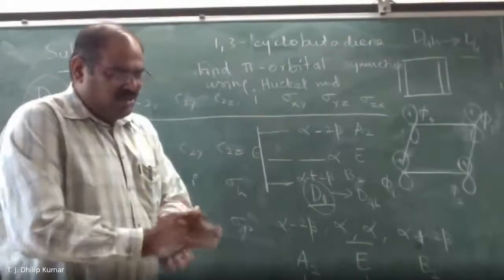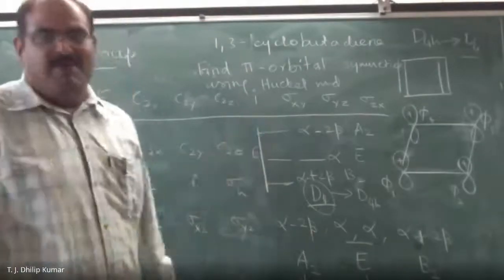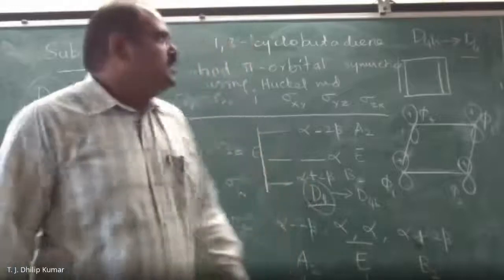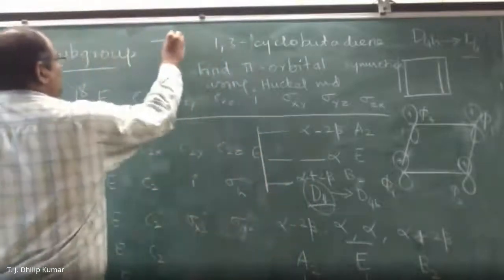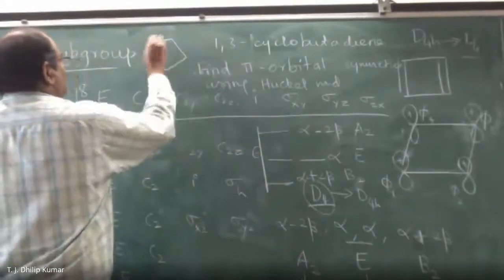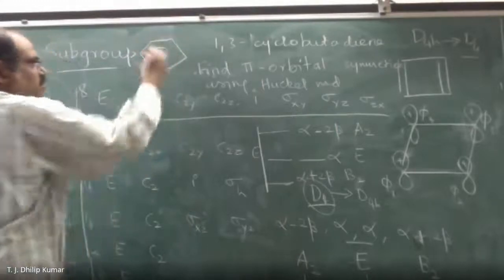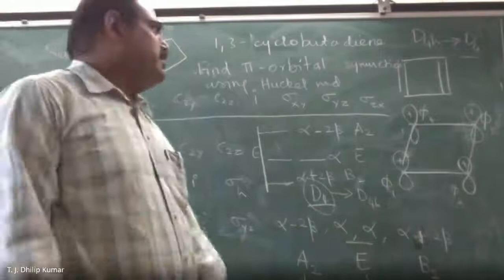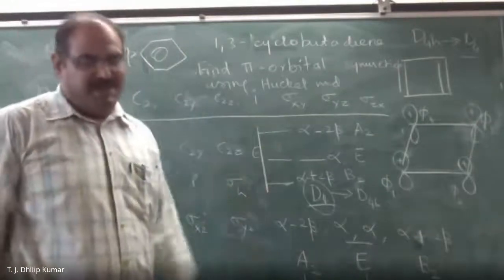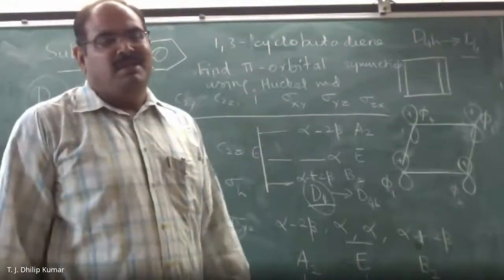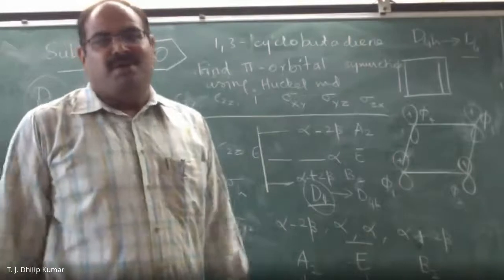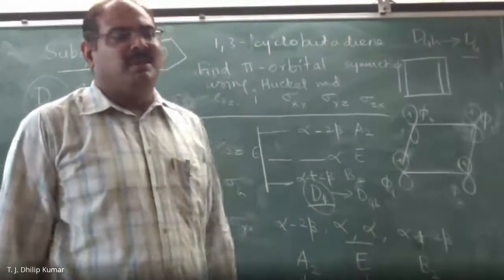That's the logic, and the same thing one can do for benzene. If you start with D6h, you get 6 orbitals, and then 6 energy levels in benzene. Then you can find the symmetries of these 6 energy levels.